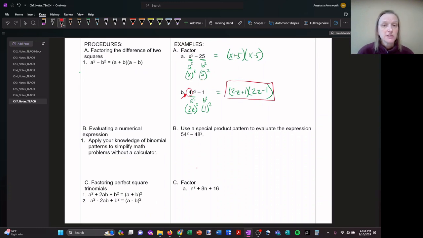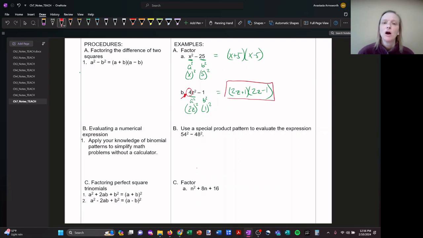We don't have to apply this special rule to just polynomials. We can apply it to values without variables. If we look at this math problem, 54 squared minus 48 squared, both of those square values are very large numbers, and I don't particularly feel like attempting those in my head.